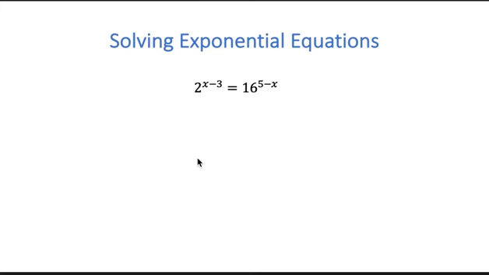Well, we can make the bases of these expressions the same. See, because this is 2 and 16 is a power of 2. It's 2 to the 4th. So I'm going to rewrite the expression so that they both have a base of 2.